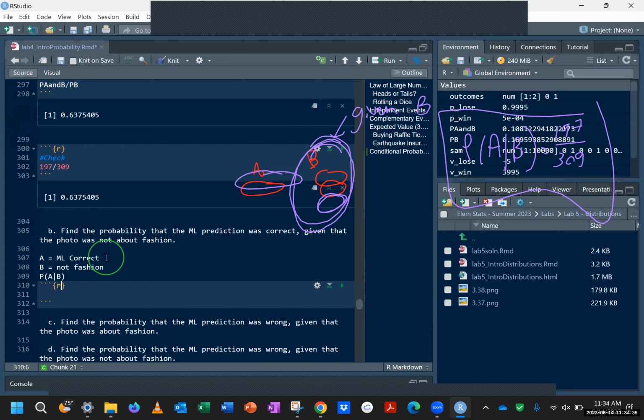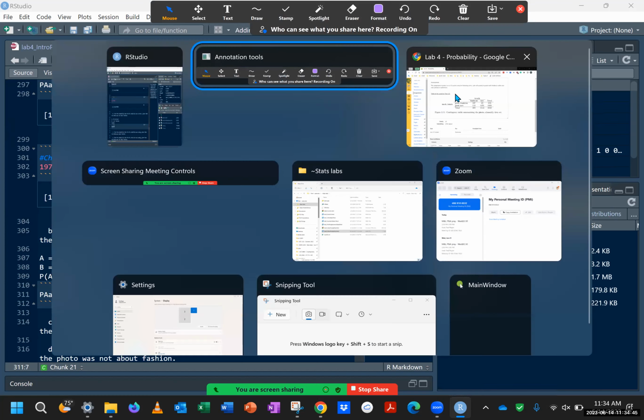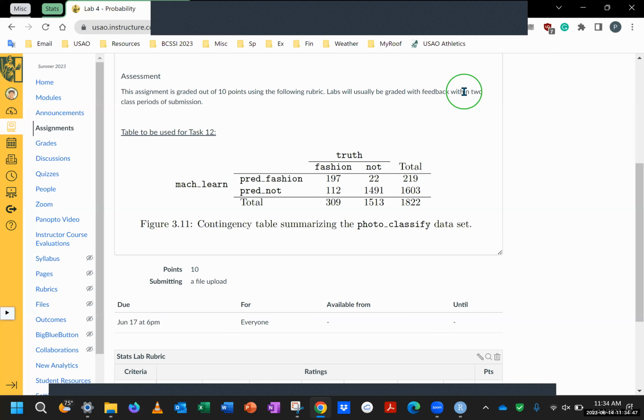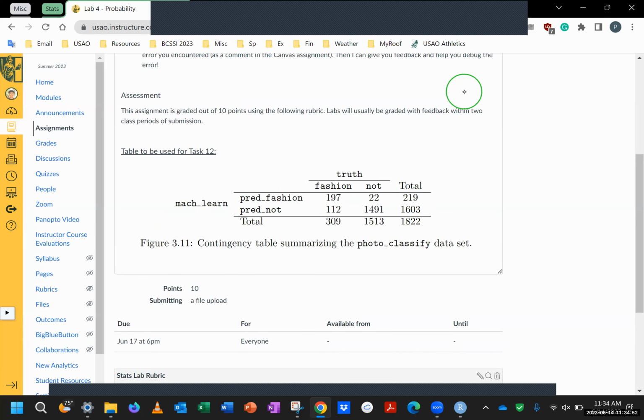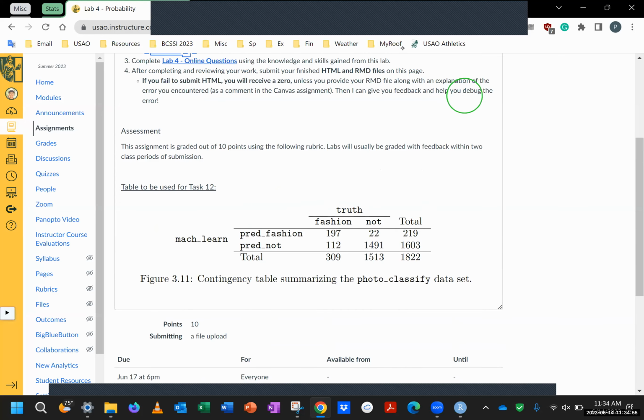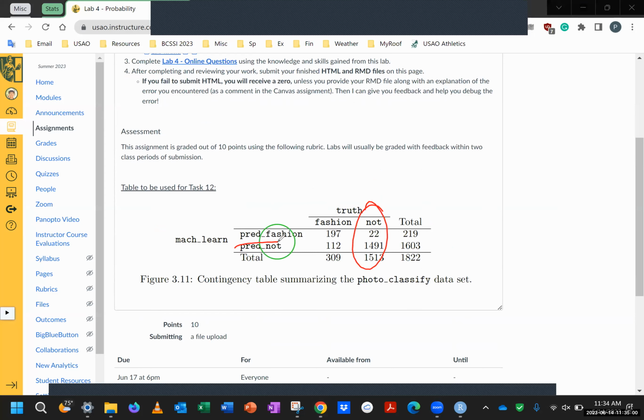A given B. So now my probability of A and B is going to be the probability that both ML is correct given that it's not fashion. So we know not fashion is going to be happening. And in which case is the machine learning correct? When it predicts not fashion. So the probability of A and B is going to be 1,491 out of 1822.